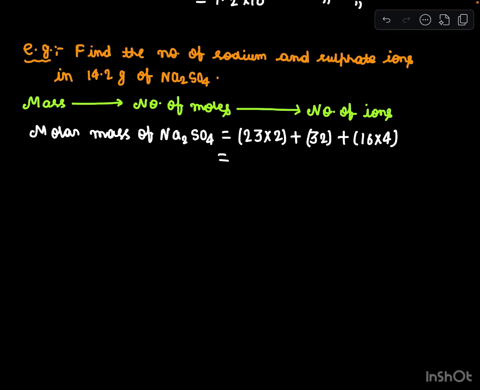On calculation we get 23 into 2 is 46, plus 32, plus 64, which is equal to 142. So the molar mass is 142 gram per mole. Now calculate the number of moles. Number of moles equals mass by molar mass.